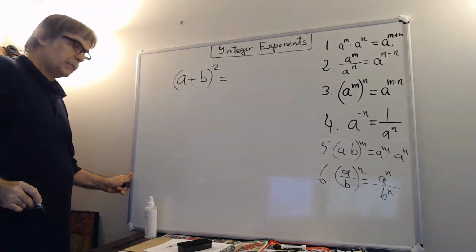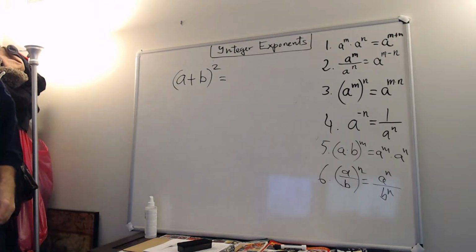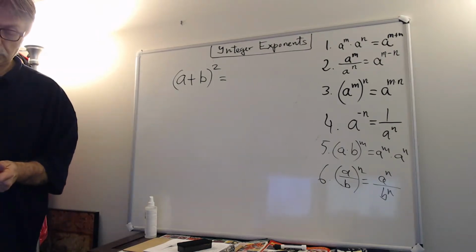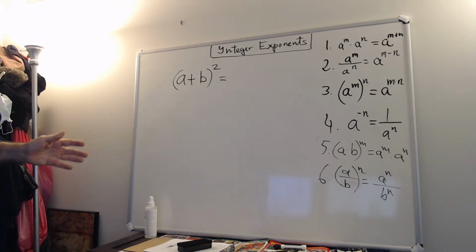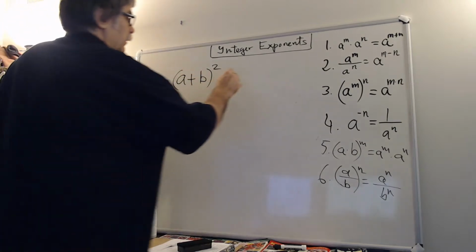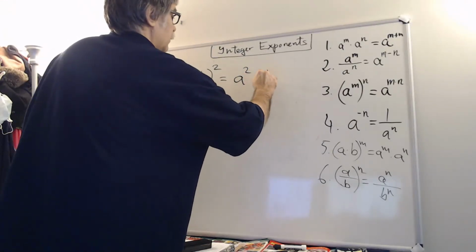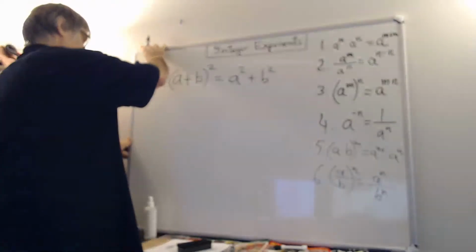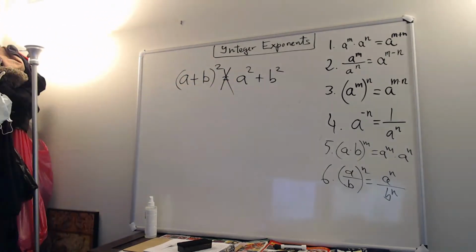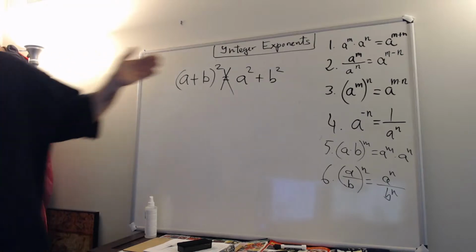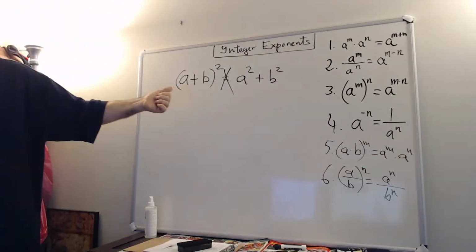Okay? Now, if I ask some of you about this, I bet somebody would tell me you have a squared plus b squared, right? That is nonsense. This is not true. First of all, you don't have any one of those rules that could justify that.